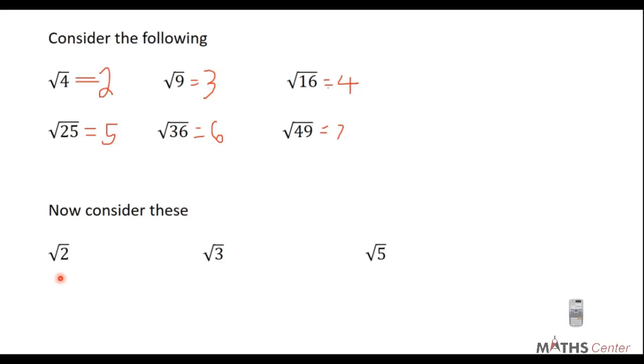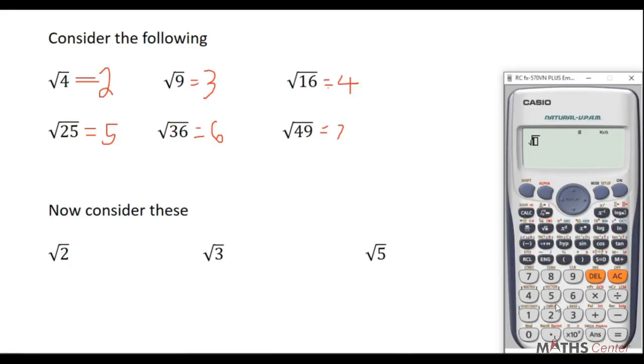Let's consider these numbers: square root of 2, square root of 3, and square root of 5. Now we are going to do the same thing as we did on the calculator. So let's begin with the square root of 2. Square root of 2 is giving us 1.41421356.